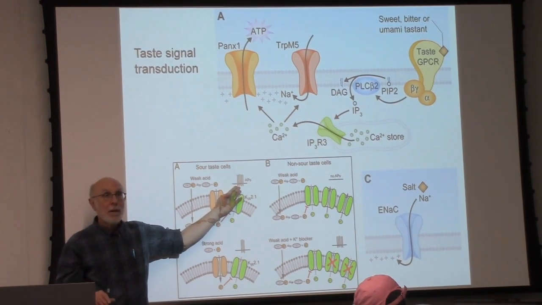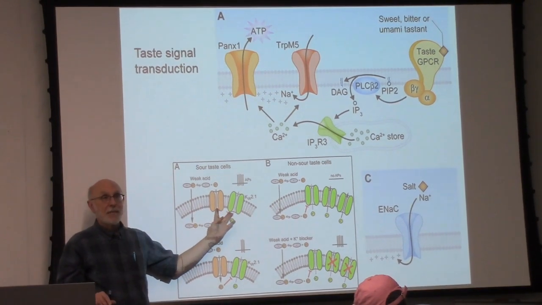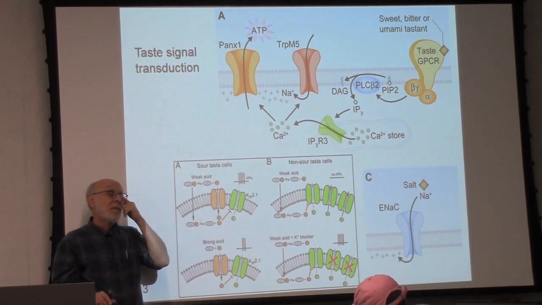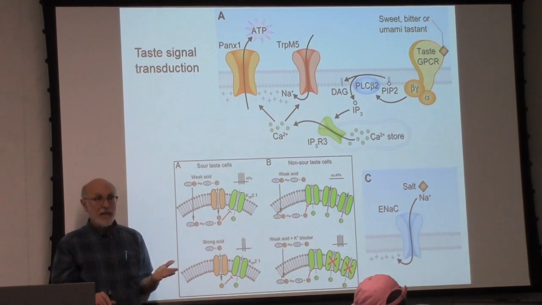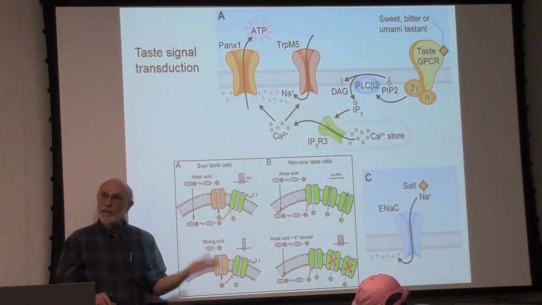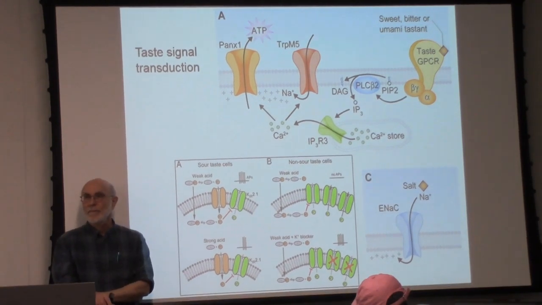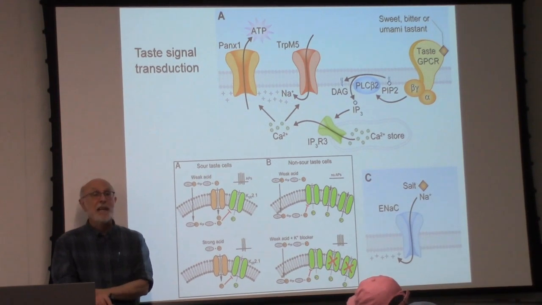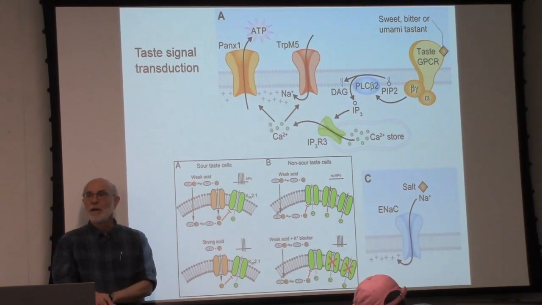The acid blocks the potassium channel, causing a depolarization. Depolarization, voltage-gated calcium channels, calcium influx, synaptotagmin, SNAREs, neurotransmitter release.